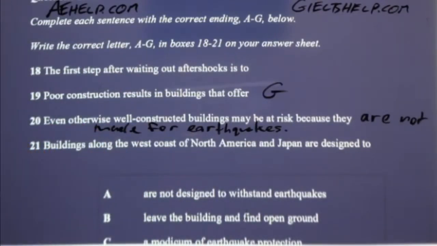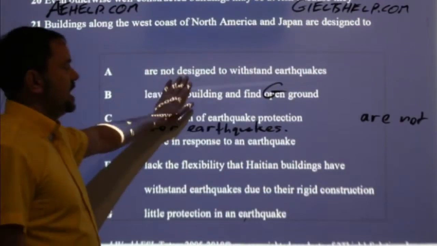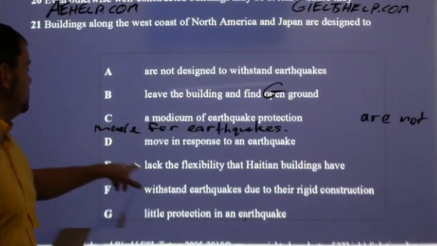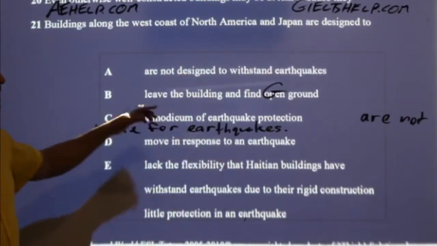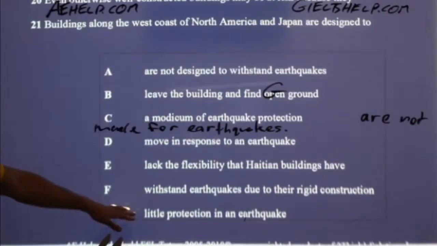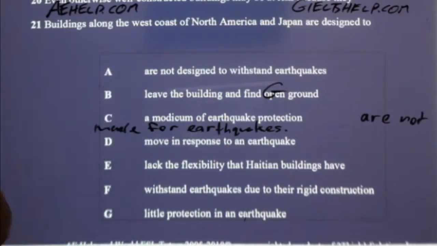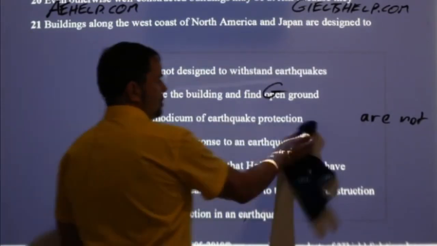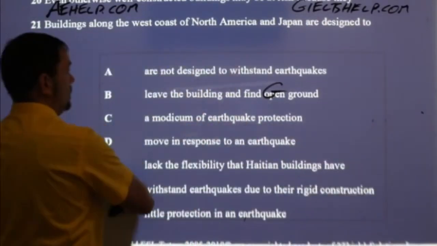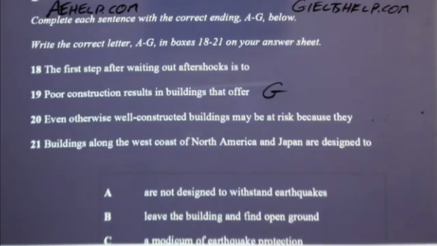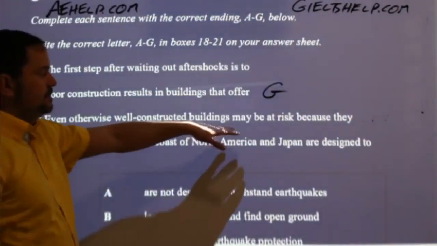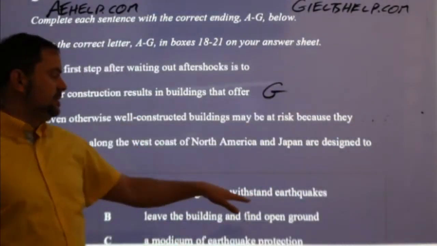Okay. Are not designed to withstand earthquakes. Ooh, that looks really close to are not made for earthquakes. So I can go through the other ones and I'll realize that A is definitely the closest one. So A it is. And I can read it with the sentence again. So even otherwise well-constructed buildings may be at risk because they are not designed to withstand earthquakes.